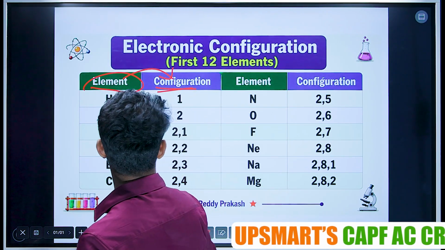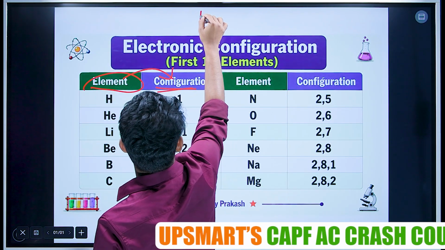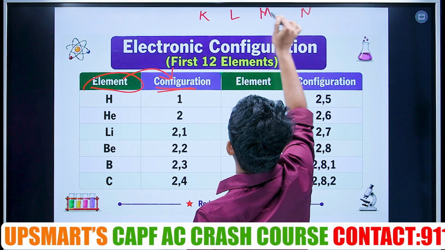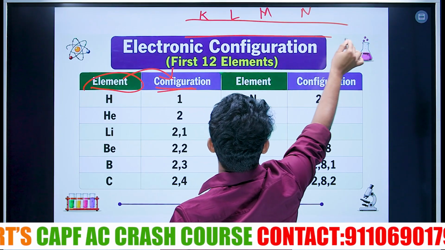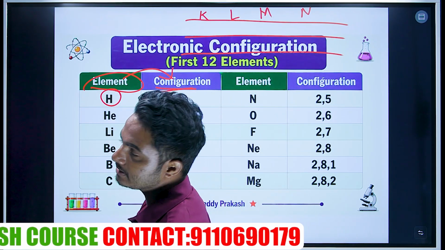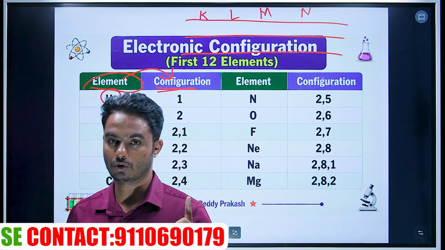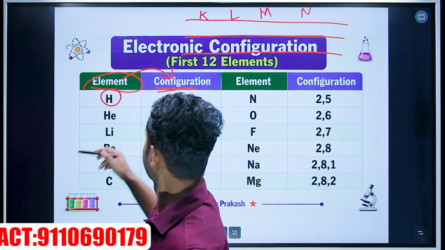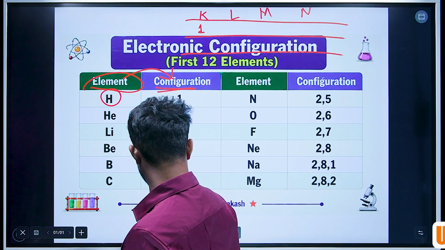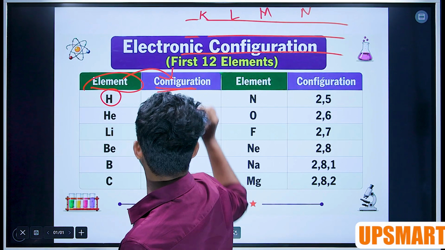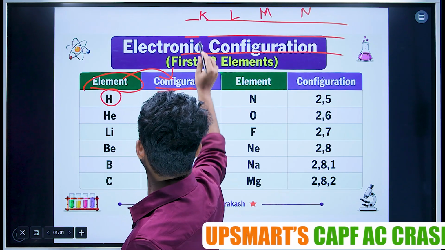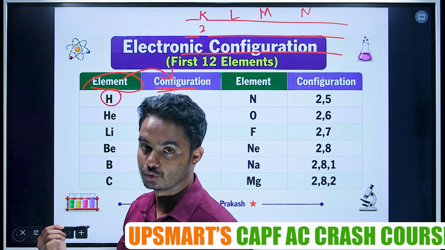These are the shells K, L, M, N. If it is hydrogen, hydrogen has only one electron, so the configuration will be only one. Helium has 2 electrons, which means the capacity of K is 2. It will fill 2.